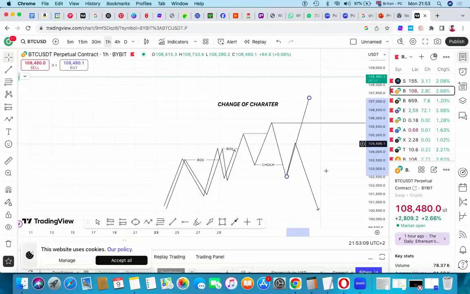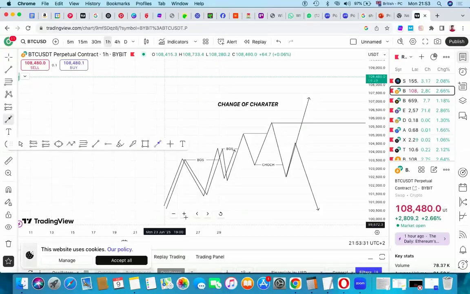So when there is a change in character, what it tells us is that the market is likely to not continue to move in that direction, like in the uptrend in this scenario. So here we are having an uptrend, right?